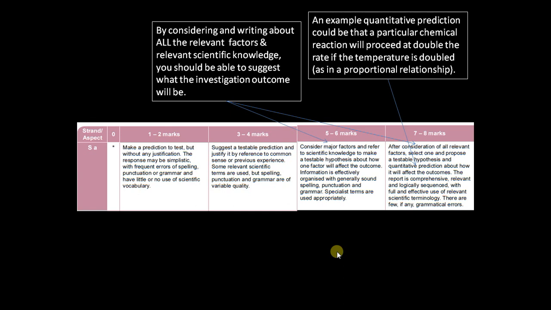Or alternatively, let's say you're reacting an acid with an alkali. You're carrying out a neutralization reaction and you're investigating how quickly the reaction proceeds at different temperatures. So for a quantitative prediction, you might predict that if you double the temperature, the reaction works twice as quickly.